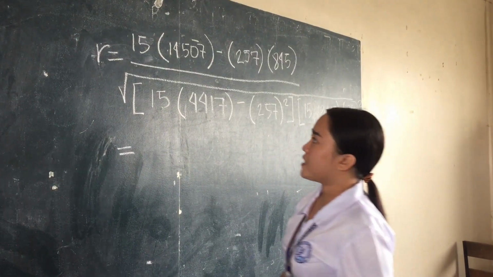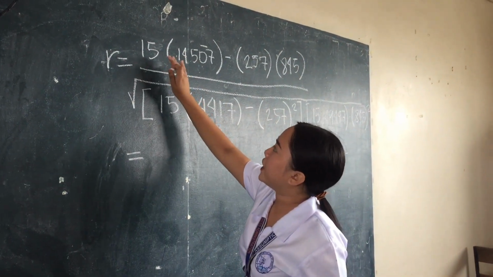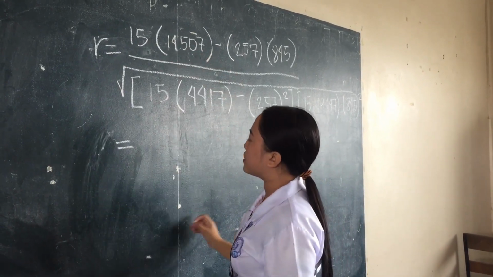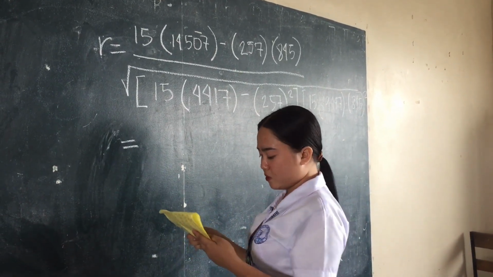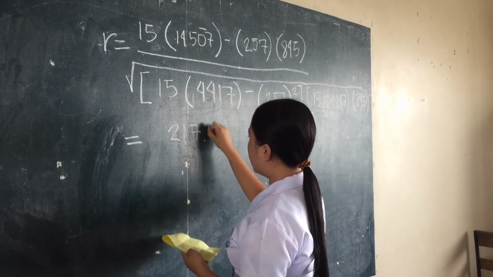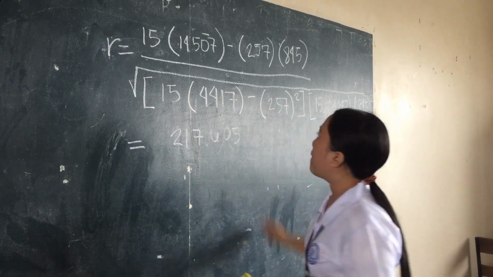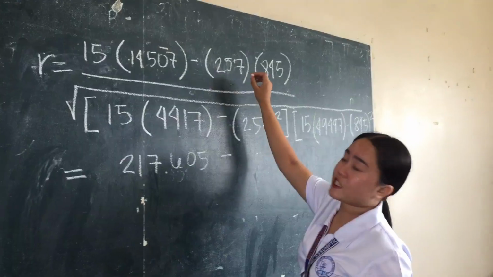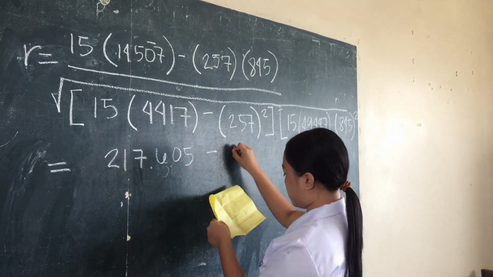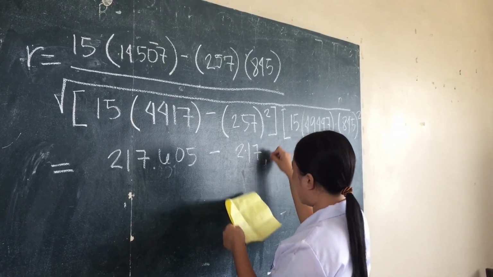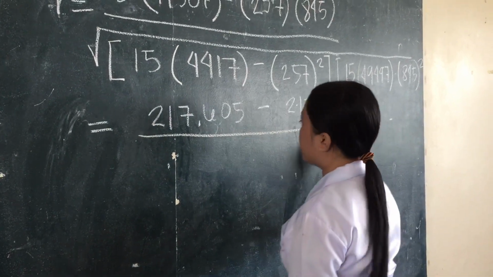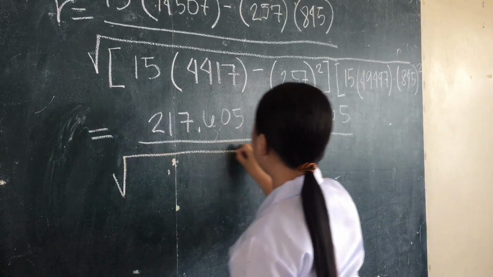Next we need to multiply 15 times 14,507, which is equal to 217,605, minus the summation of x times y, which is 217,165, over the square root of.